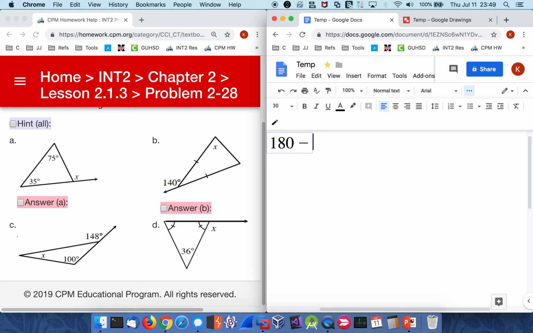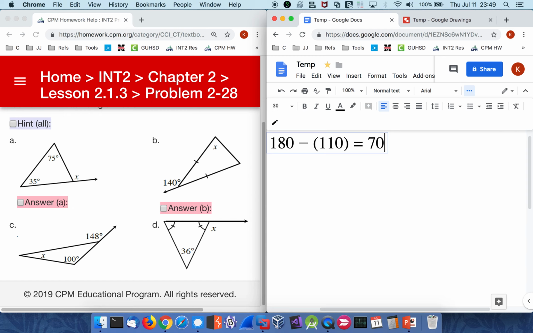So 180 minus 35 plus 75 equals that missing angle right here. So 35 plus 75 is 110. And then 180 minus 110 is 70.